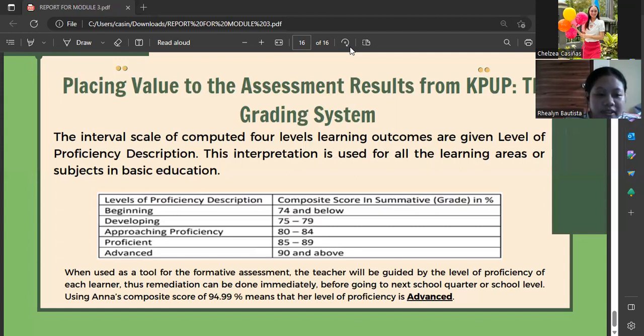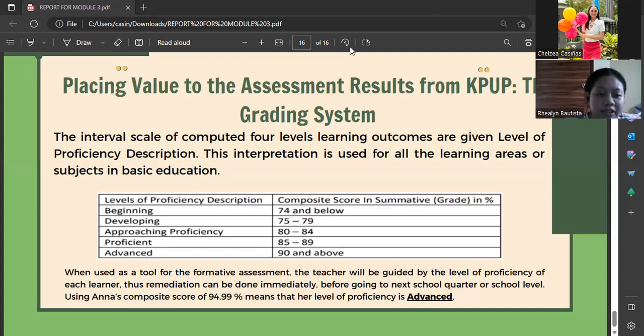So when used as a tool for the formative assessment, the teacher will be guided by the level of proficiency of each learner. So si teacher is naggguide ng levels of proficiency description. Doon niya nakikita kung beginning ba yung bata, kung developing ba yung bata, kung approaching proficiency yung bata, kung proficient yung bata or advanced.